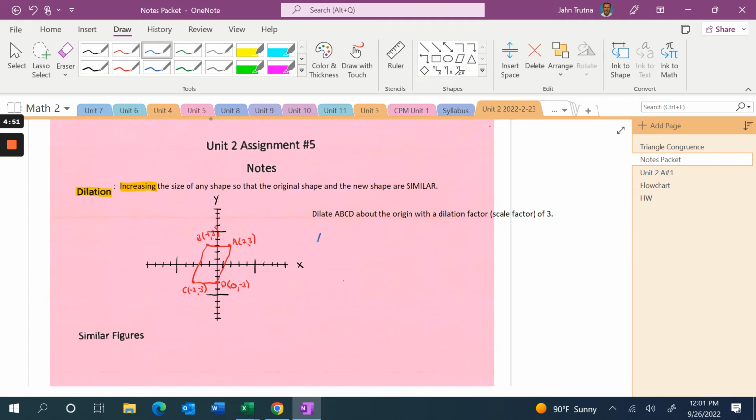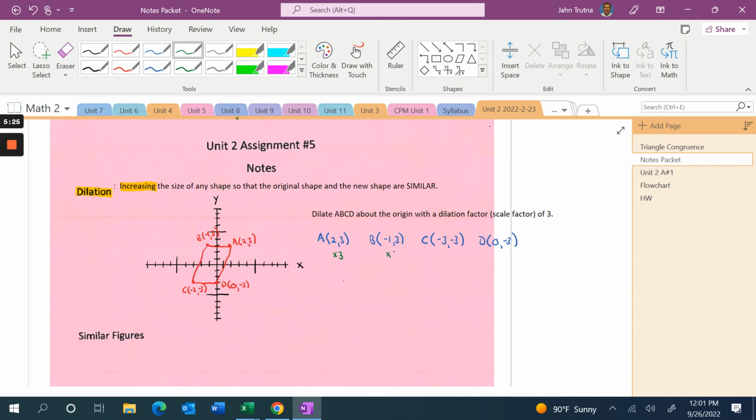Okay, and the way that you do this is it's actually a very simple mathematical process. What you're going to do is take each one of the points and its coordinates: A, which has coordinates of 2, 3, B, which has coordinates of -1, 3, C, which has coordinates of -3, -3, D, which has coordinates of 0, -3, and you are just going to simply multiply each one of the coordinates by 3.